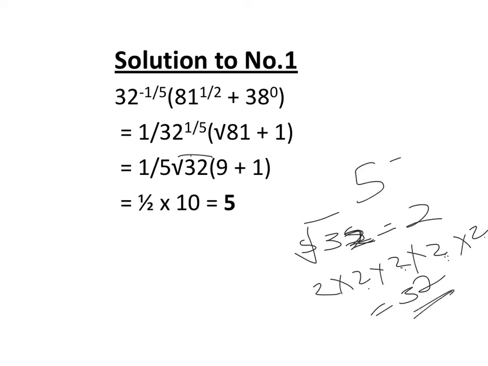So the 5th root of 32 is equal to 2. Therefore we have 1 over 5th root of 32, bracket 9 plus 1, equal to 1 over 2 times 10, which is equal to 5.